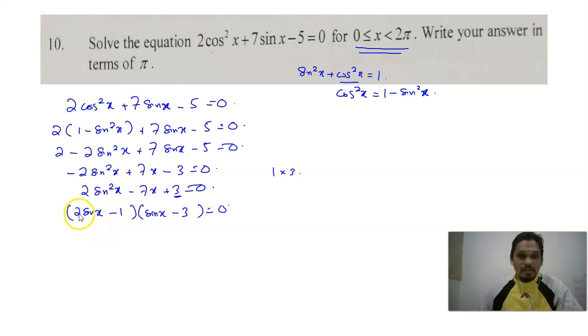Let's double check. 2 sine x times sine x is 2 sine squared x, 2 sine x times negative 3 equals negative 6 sine x. Negative 1 times sine x equals negative sine x. So negative 6 minus 1 equals negative 7 sine x. I think I made a mistake here, I wrote sine 7x instead of 7 sine x. Okay, sorry.